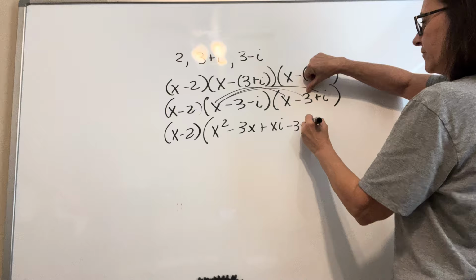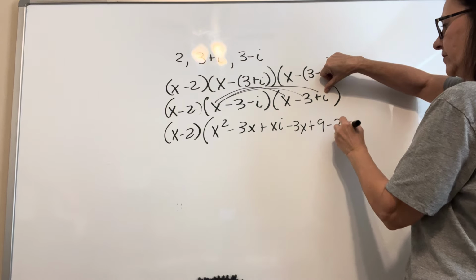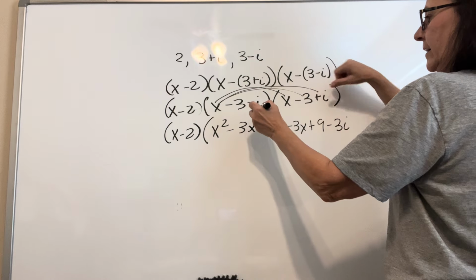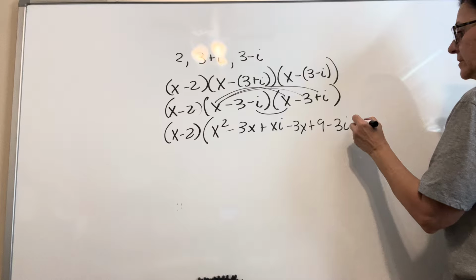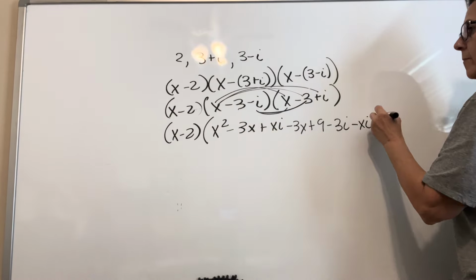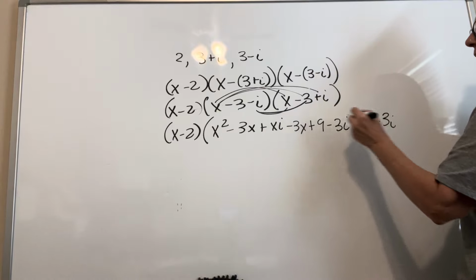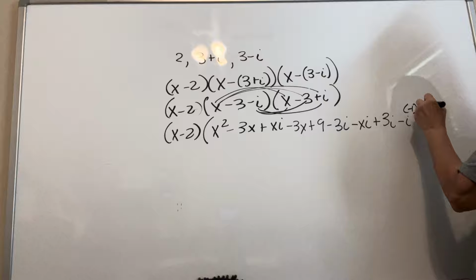Negative 3 times negative 3 is positive 9. Negative 3 times i is negative 3i. Now we'll distribute the negative i. So it's going to be negative xi, positive 3i, minus i squared. i squared is negative 1.